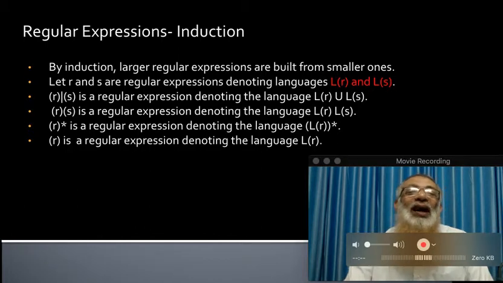Suppose that R and S are REs, regular expressions, and naturally there will be languages represented by R and S. Let LR be the language represented by R, and LS the language represented by S.